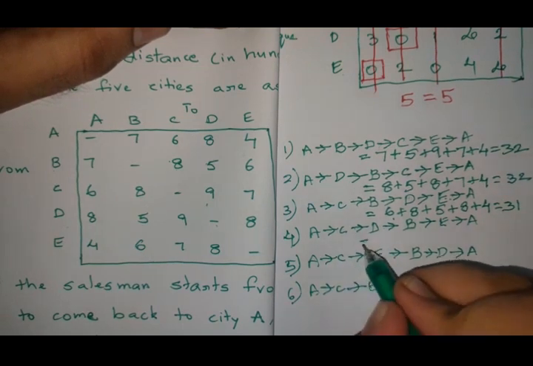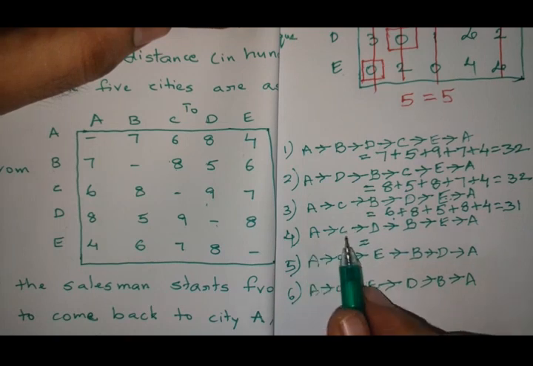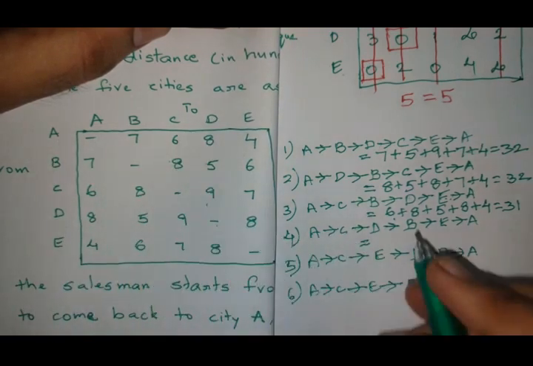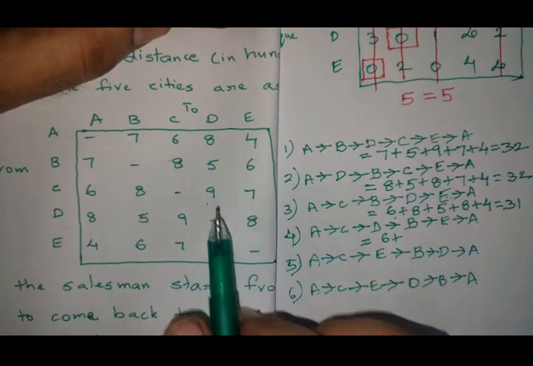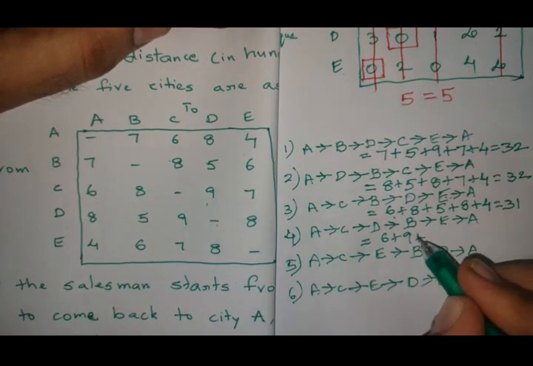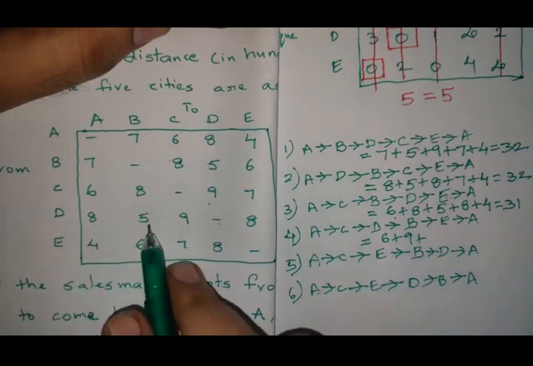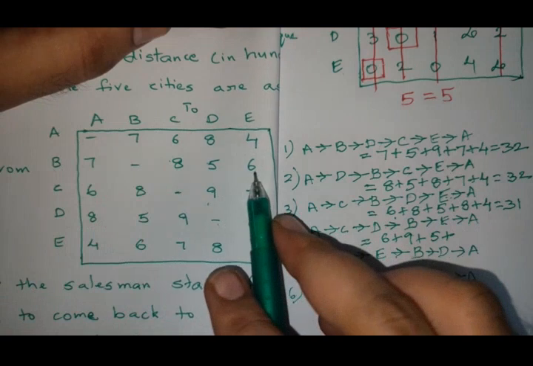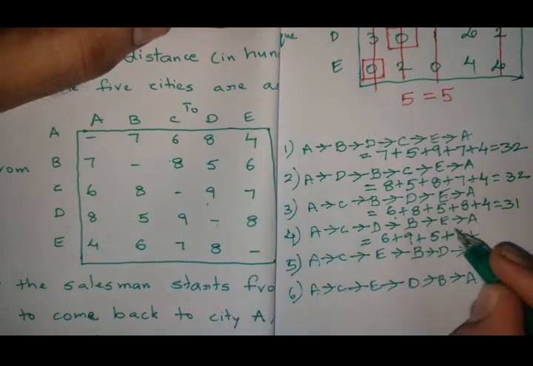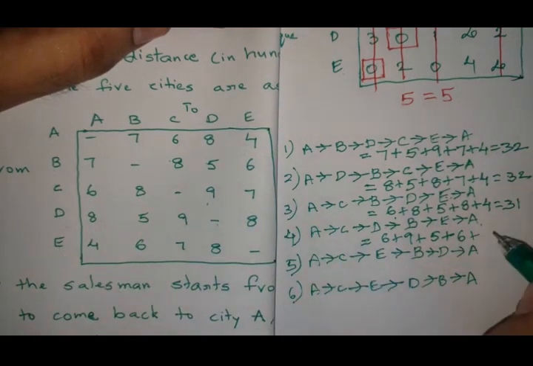Next, fourth route, A to C 6, C to D 9, D to B 5, B to E 6, E to A 4. Total 3000 miles.